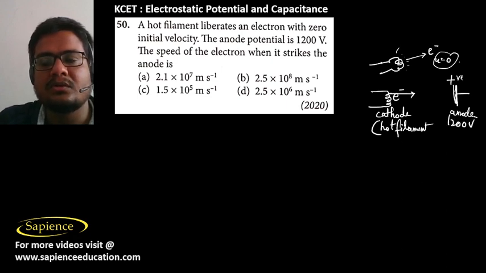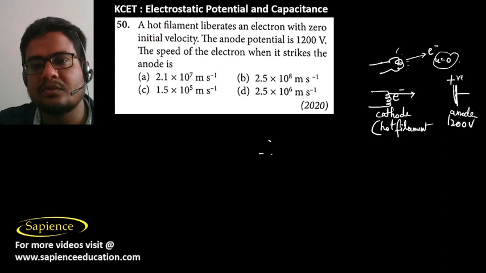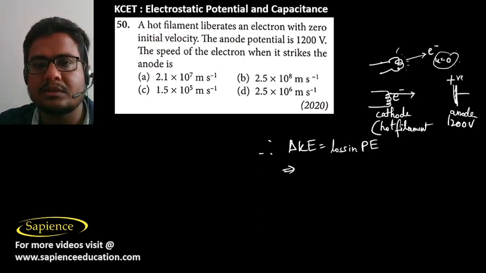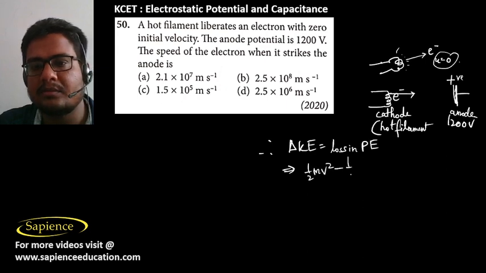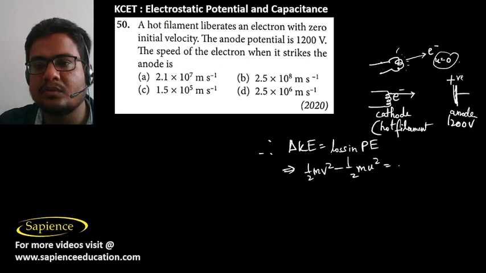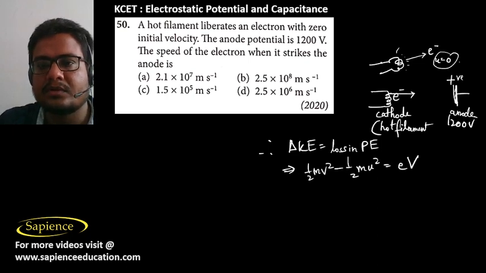The speed of the electron when it strikes the anode. So we know that the gain in kinetic energy will be equal to the loss in electrostatic potential energy. So the gain in kinetic energy, half mv square minus half mu square, is equal to the loss in potential energy, which is equal to e into V, where e is the charge on the electron.